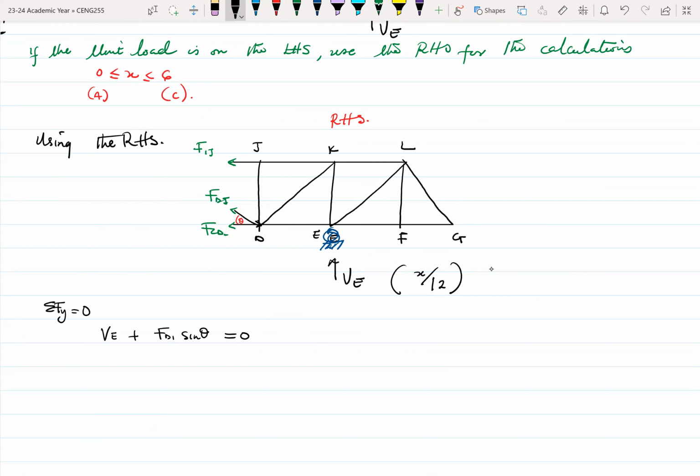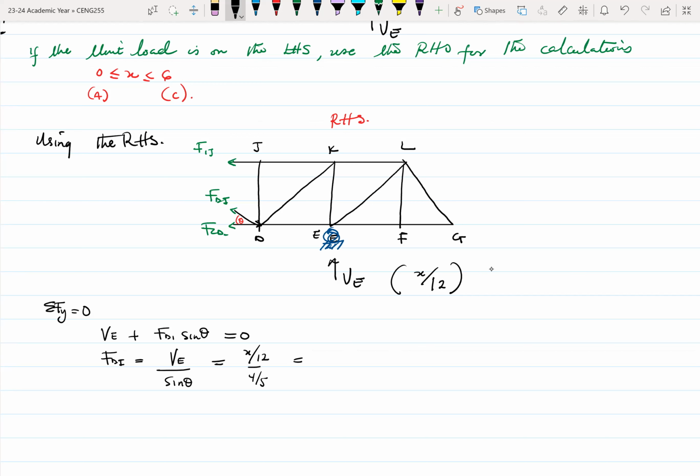Please take a note, they are all moving in the same direction. So it means that our FDI will be equal to VE over sine theta. So this is equal to x over 12 divided by sine theta, which is 4 over 5.